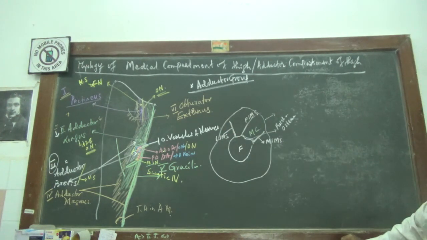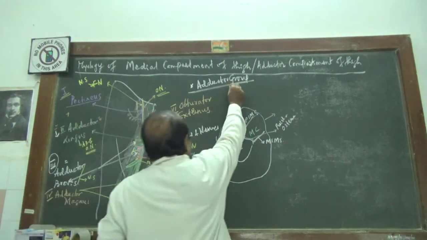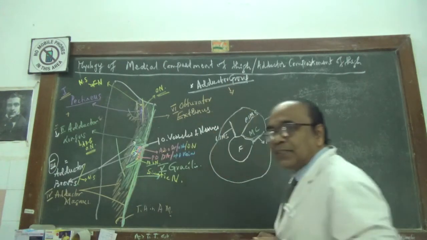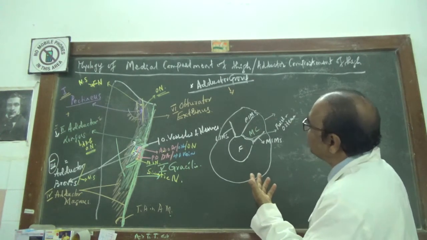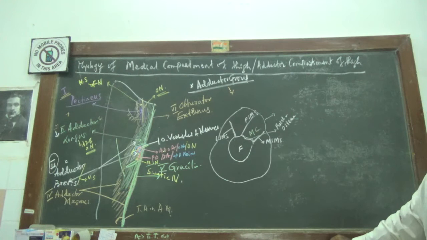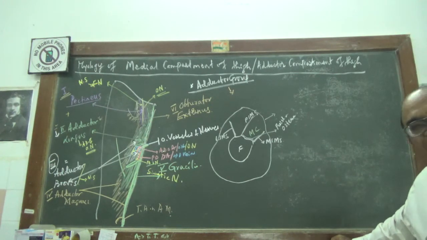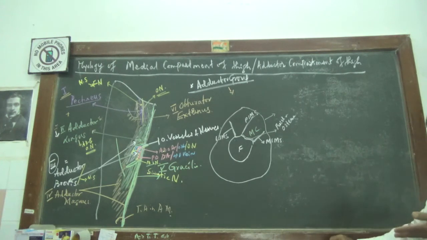Now after having had this adductor group, you have to deal with the action of the adductor longus, adductor brevis and the adductor magnus. They are the same: adduction of the thigh at the level of the hip and medial rotation of the thigh at the hip joint only. So that will be the main action.